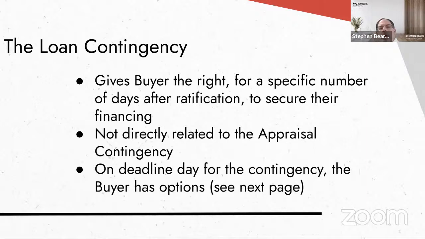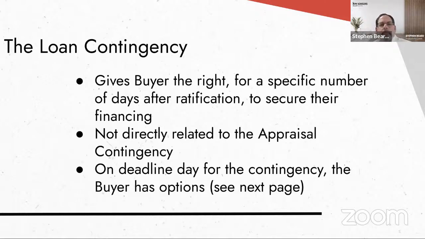What is ratification? Signature. Agreement, after the agreement. Agreement, what agreement? The contract. That's right. When the contract is agreed to, that's when it is ratified. Before that, it's just an offer.